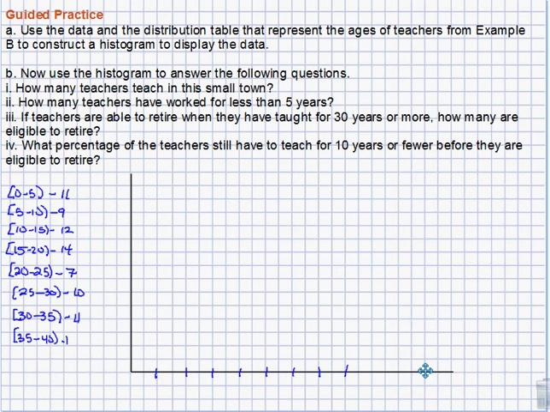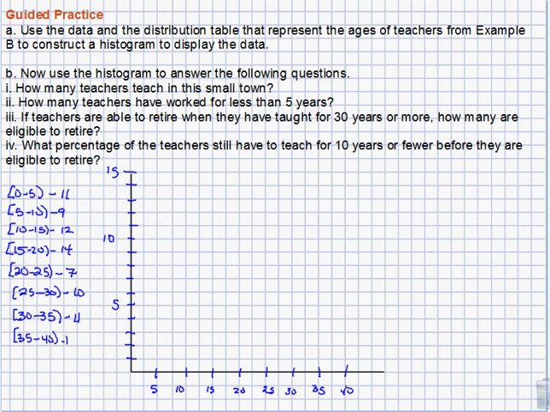As a matter of fact, I'm going to shorten it a little and then put the numbers in. And up the side, we're just going to go by 1, 2, 3, 4, 5, 6, 7, 8, 9, 10, 11, 12, 13, 14, 15, which our highest was 14, so we're good there.